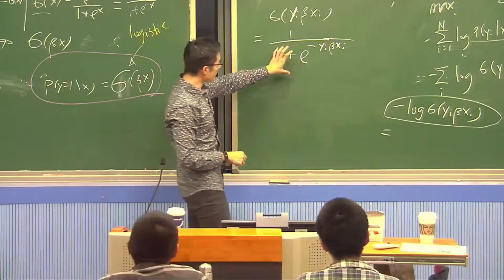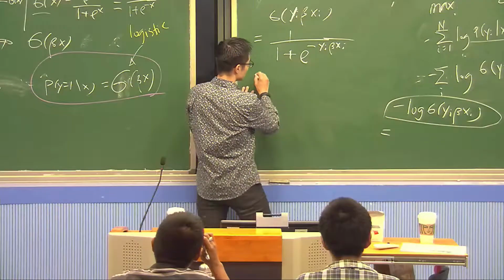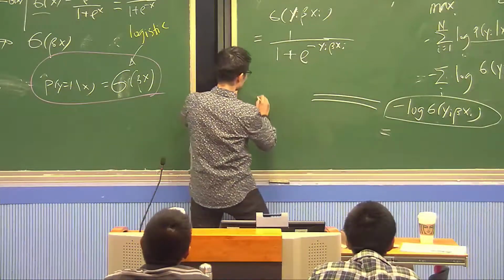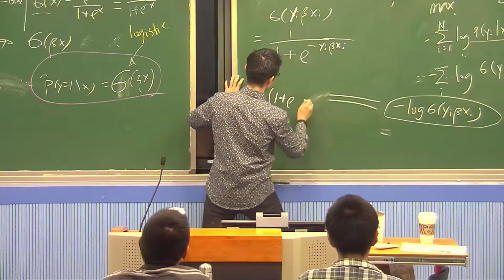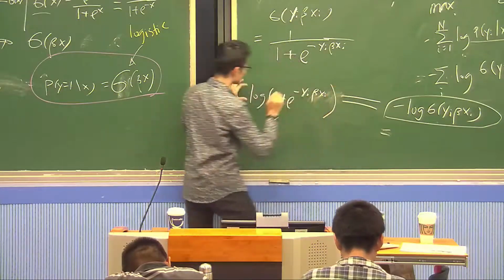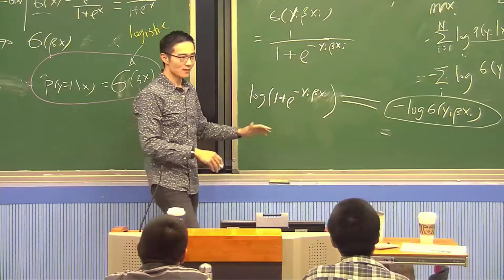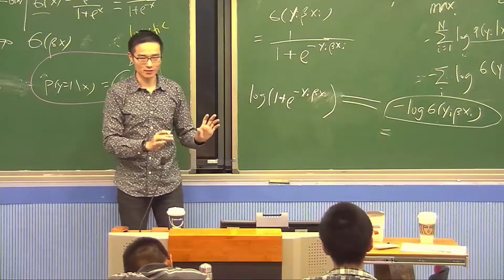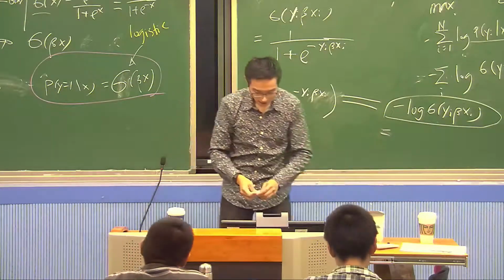And when we take the log and the minus, this whole thing will be equal to log of 1 plus e to the minus yi beta xi. This, ladies and gentlemen, is called a cross entropy loss for logistic regression. You don't have to remember that, but it's just an easier way to write the loss function for logistic regression. When we code y as plus 1 minus 1, it becomes much easier to write.